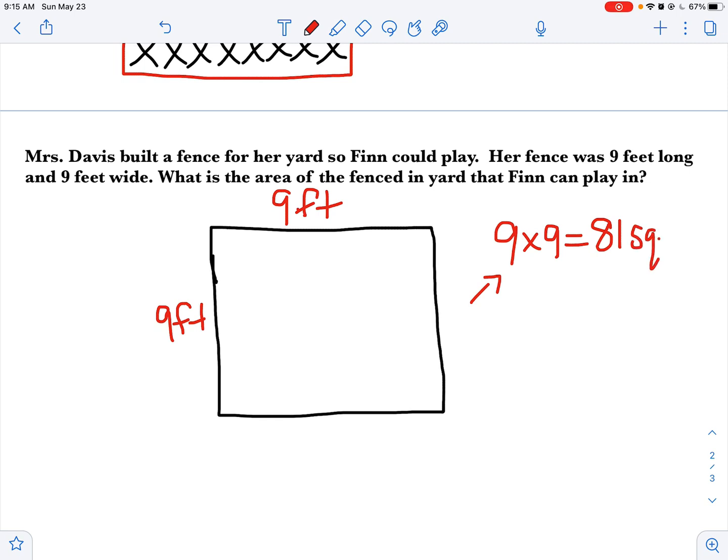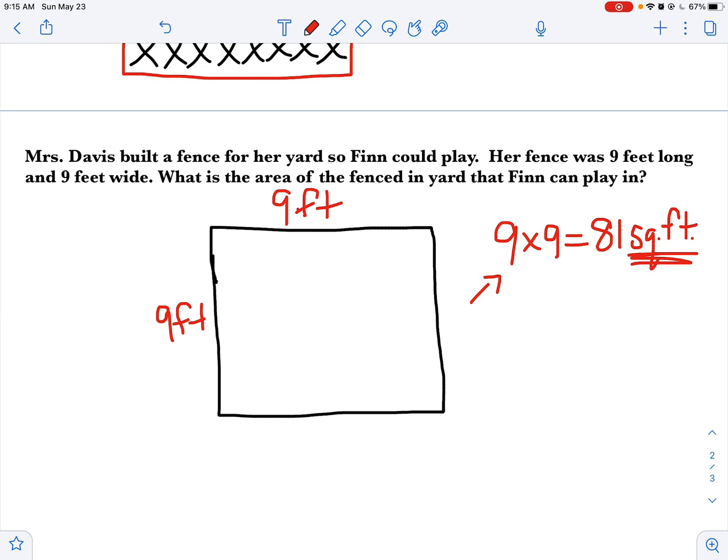He has 81 square feet of fenced-in yard where he can now run around and play without me worrying about him running off. Okay, so if you choose to do a context with area, you should be sure that your unit is appropriate, that it is square feet, square centimeters, square yards, square inches, whatever unit.